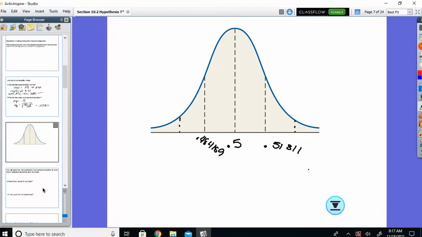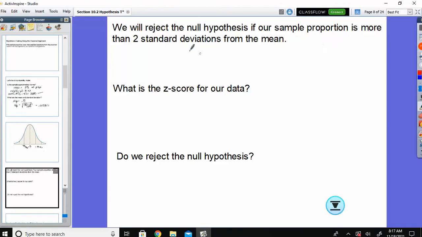We can also go back to talking about our z's. Now I have to tell you how many standard deviations I'm using here. So let's say I said I want to reject it if our proportion is more than 2 standard deviations from the mean. The reason a lot of times I will use 2 standard deviations, because if you're looking at your normal table, what is the probability that z is greater than 2? Let's look it up on our table. 0.9772.